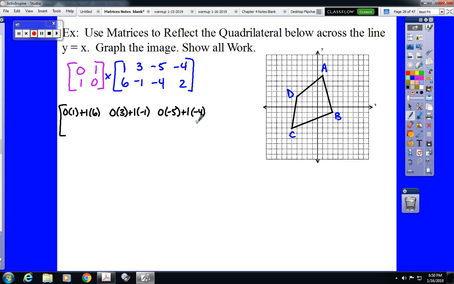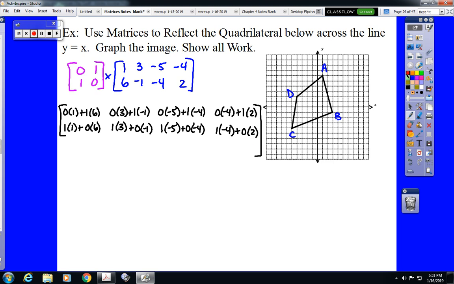And row 1 times column 4, 0 times -4 plus 1 times 2. Then we repeat those steps with the second row. 1 times 1 plus 0 times 6. Row 2 times column 1, sorry. Row 2 times column 2. Row 2 times column 3. And row 2 times column 4.